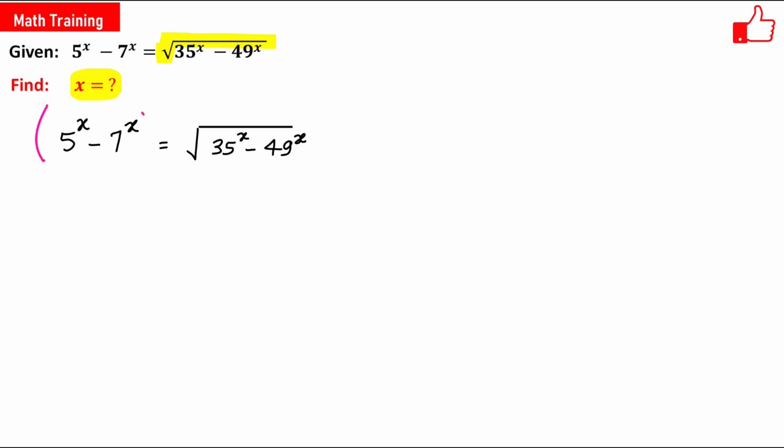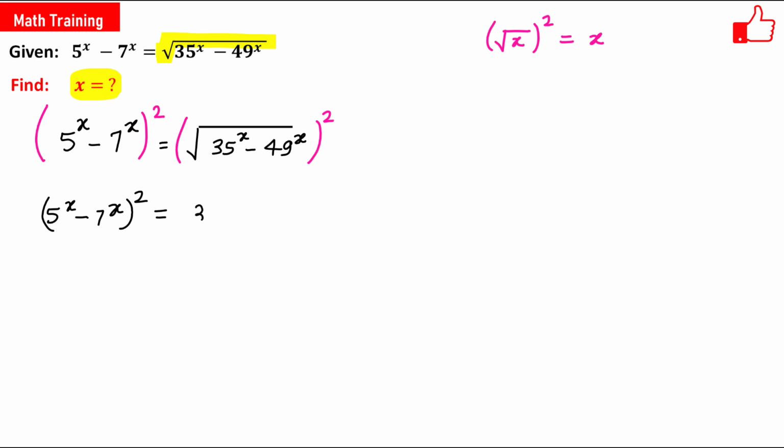So let us square both sides, and now if you use the rules of exponent, if we have the square root of x and we square it, then this becomes x. So with this property, the left side stays as it is, but on the right hand side the square root term will go away. So I will have 35 raised to the power x minus 49 raised to the power x.